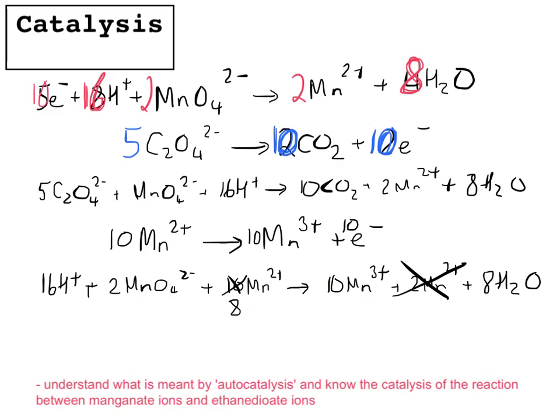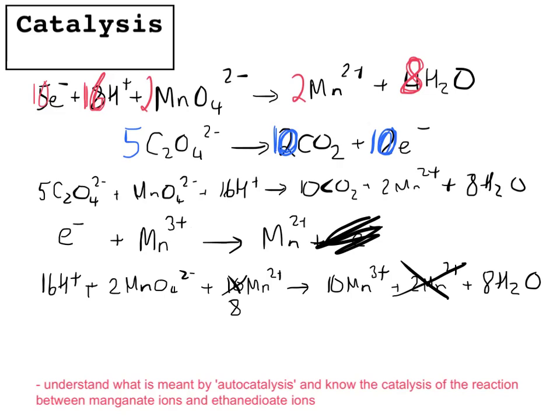And then, as before, your Mn3+ is going to turn back into Mn2+. So we'll just do that here. So Mn3+ turns back into Mn2+ plus an electron, which is on the wrong side at the moment, sorry. That should be on this side now.